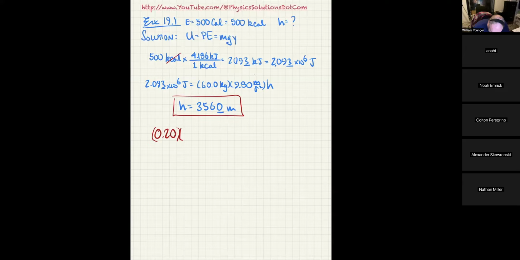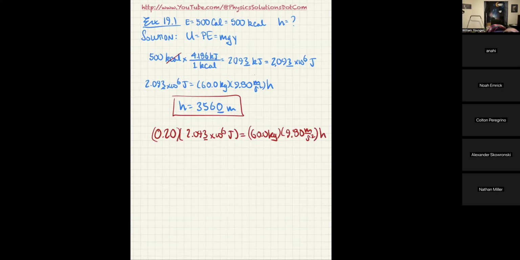So I'm going to take 0.20 times the energy that the person ate, which is the 2.093 times 10 to the 6 joules, and I'm going to set that equal to 60.0 kilograms times 9.80 meters per second squared times h. And I'll put an h on this with a subscript r for the real height.